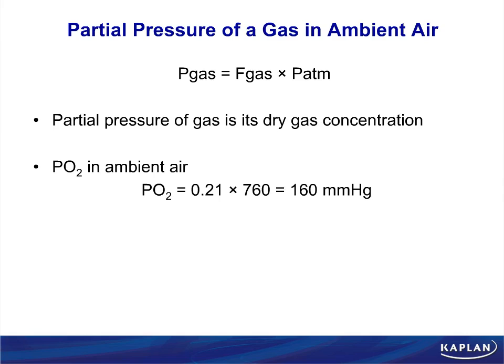Oxygen's about 21% of atmospheric air. So the PO2 of dry ambient air would be 0.21, 21%, times total pressure at sea level, that's 760. So the partial pressure of oxygen is 160 in dry ambient air.